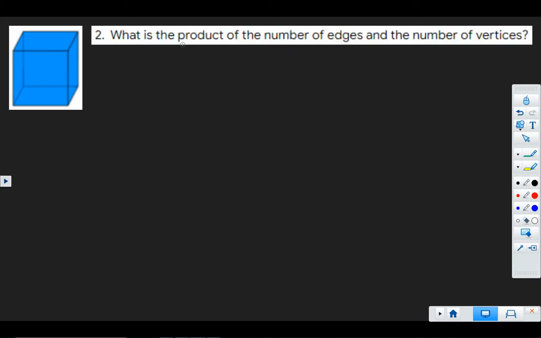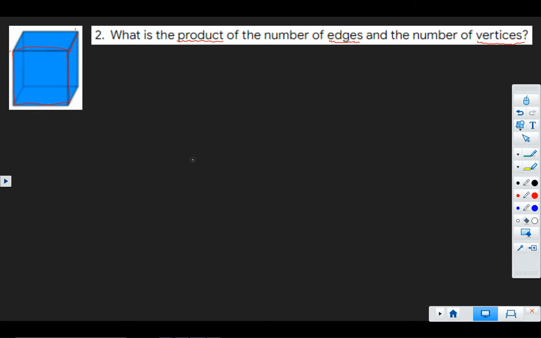We've now got 3 mathematical words here in relation to the 3D shape. We have edges and we have vertices, but we also have the mathematical word here, product. So first of all, our edges. These are our edges here on the shape.